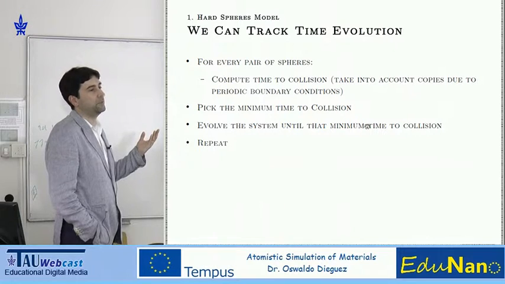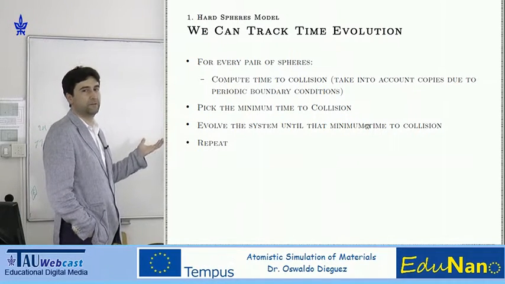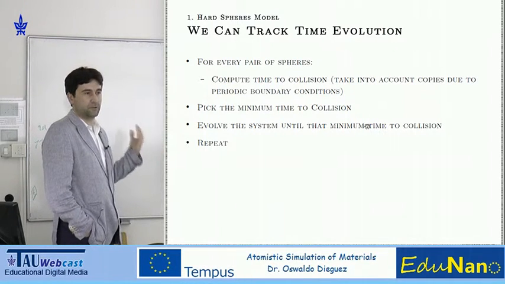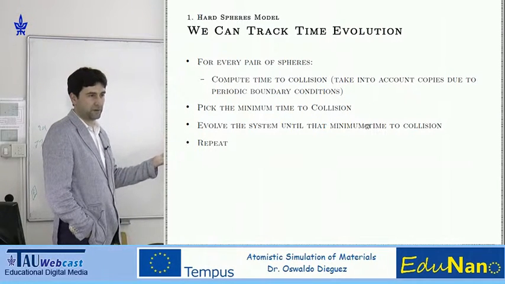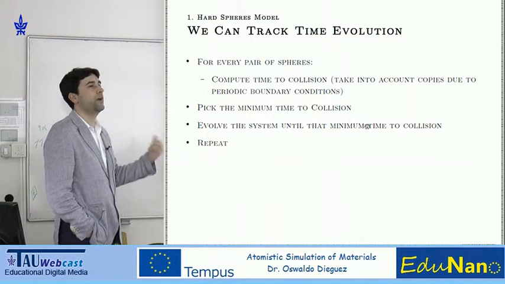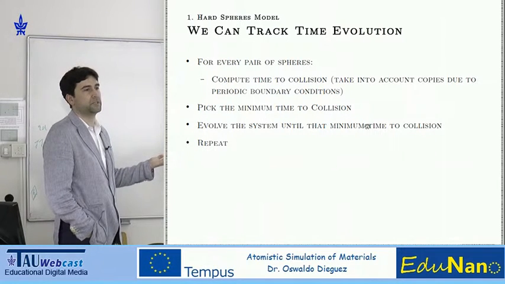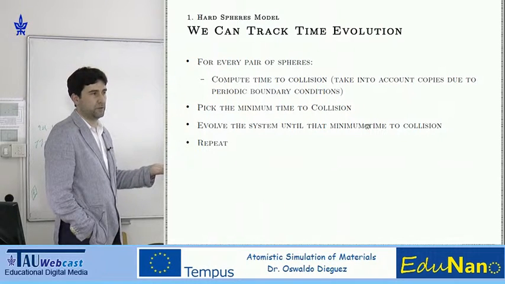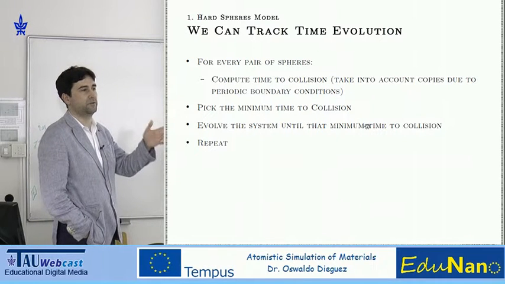There will be many spheres in our material, so you have to find which one is the next collision. You take every possible pair of spheres, compute when every possible collision is going to take place, pick the smallest of these times, and evolve all the balls during that time. How do you evolve them? The position is the initial position plus time times velocity.